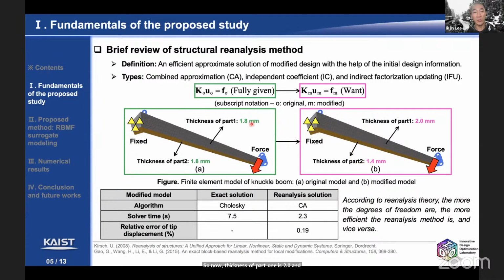Since we have the solution here, we don't need to solve the full matrix equation. Instead, we could use the reanalysis method. From this table, we could see a reanalysis solution can be obtained with 1/3 of the computation cost, and the error is very small.